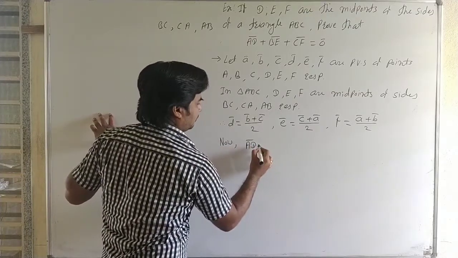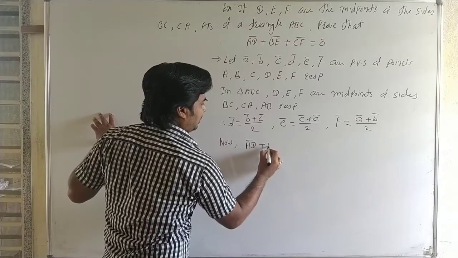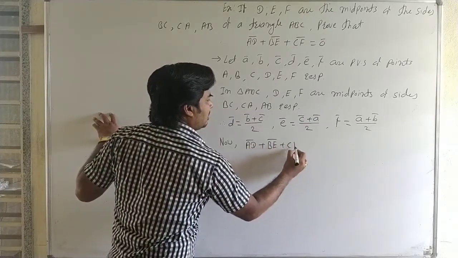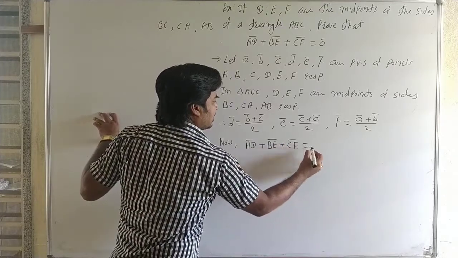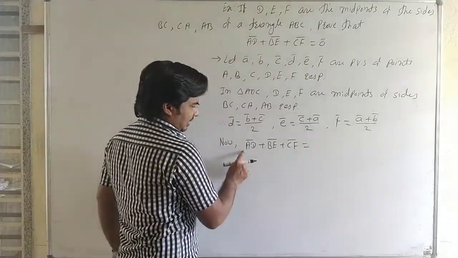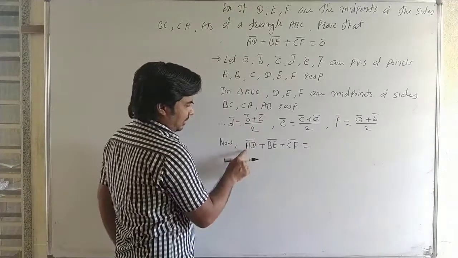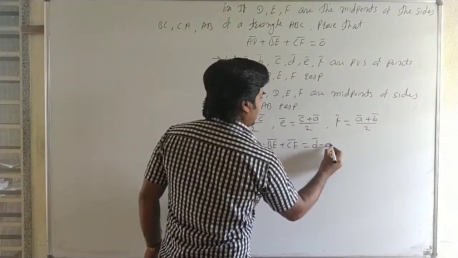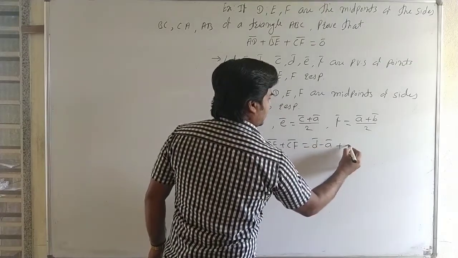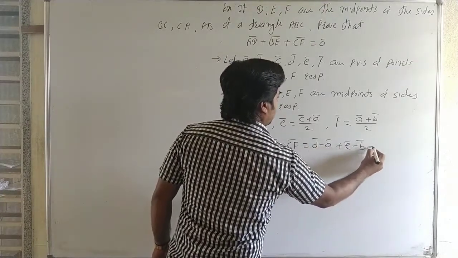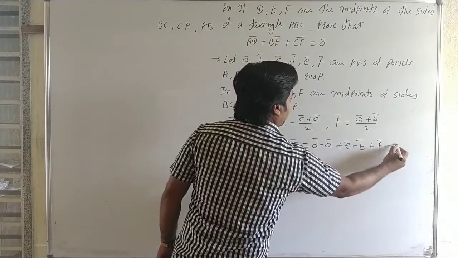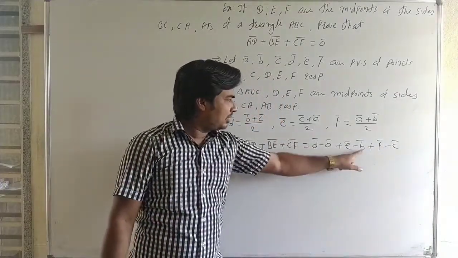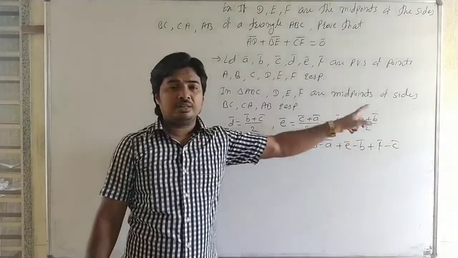Now vector AD plus vector BE plus vector CF is equal to, writing in position vectors, vector AD means D bar minus A bar, plus E bar minus B bar, plus F bar minus C bar.